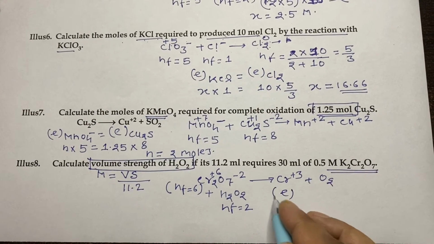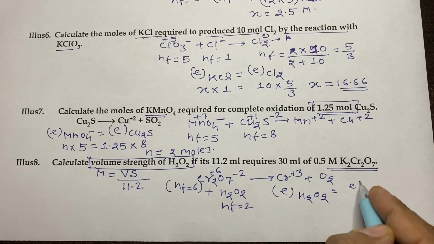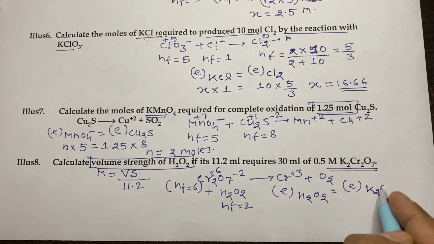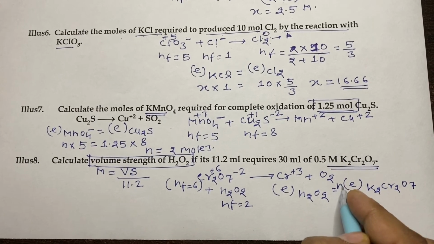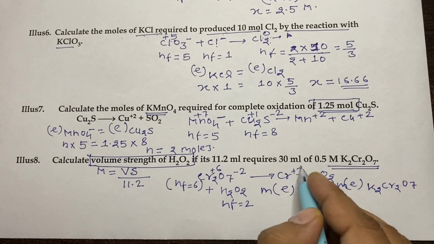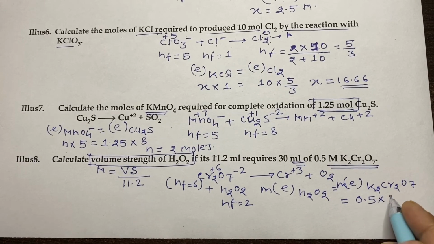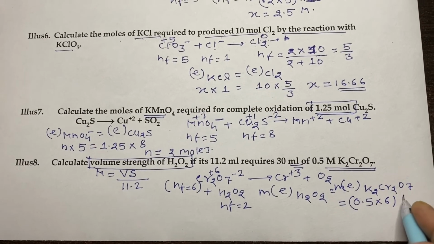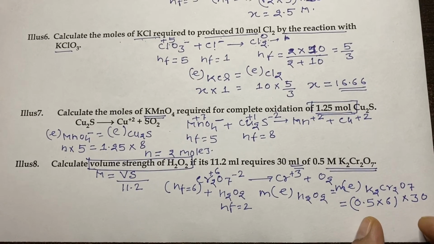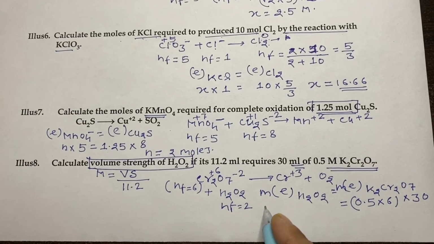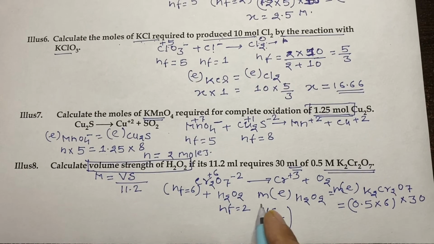First we will write the equivalence of H2O2, that will be equal to the equivalence of K2Cr2O7. Again we are dealing in the milliequivalence because the volume is given in ml. So 0.5 into N factor 6 into 30, this will be the milliequivalence of K2Cr2O7. In the same way, in place of molarity we can write Vs upon 11.2.